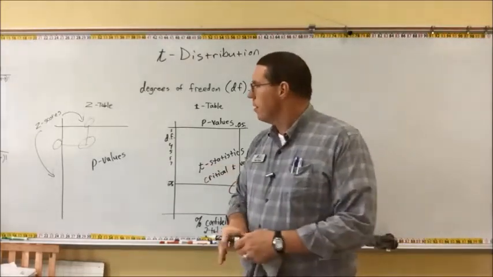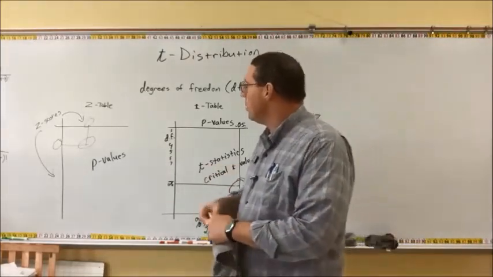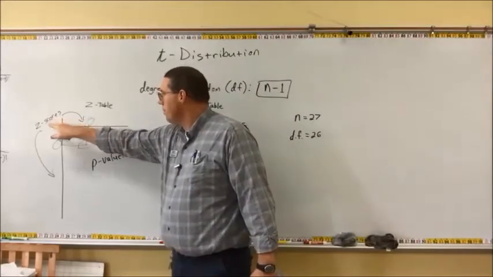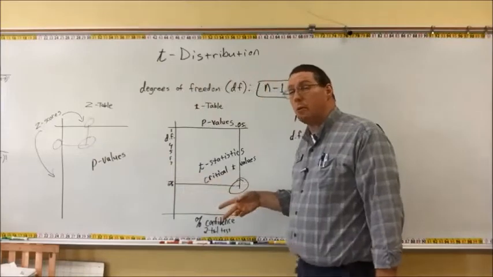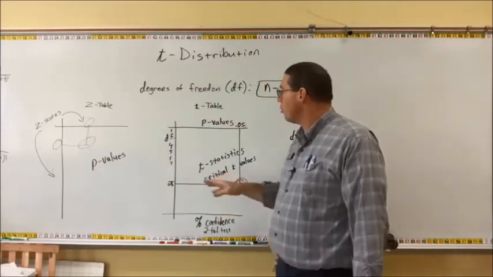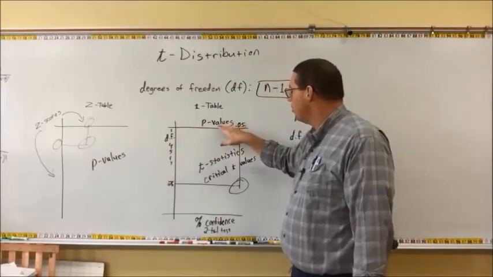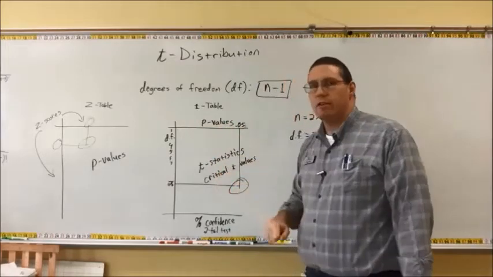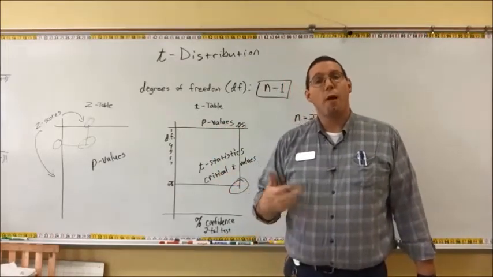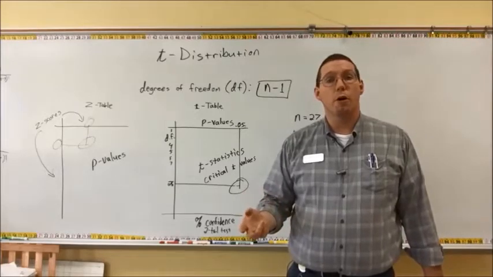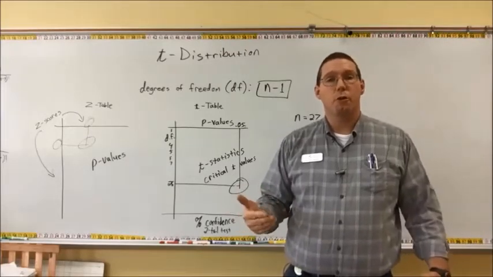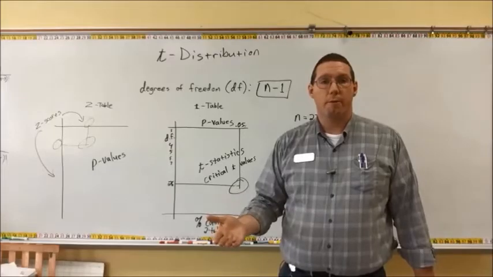So whereas with the z-score, you typically start with a z-score and find a p-value, with the t-table, typically you start with the degrees of freedom and a p-value, and then you find your t-statistic. Okay? So right now, let's go ahead and work out a couple situations on the computer. I'll show you the table, and I'll show you how to use the t-table.